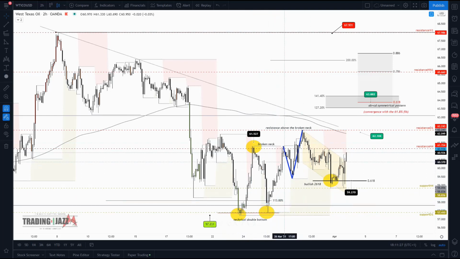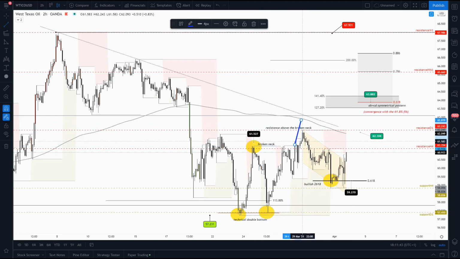Some of you will see other traders triggering the double bottom or the double top below the broken neck. So as soon as the market trades above the neck zone, they will try to take advantage of this projection. We have a projection for that technical double bottom around this price zone, 66.35.